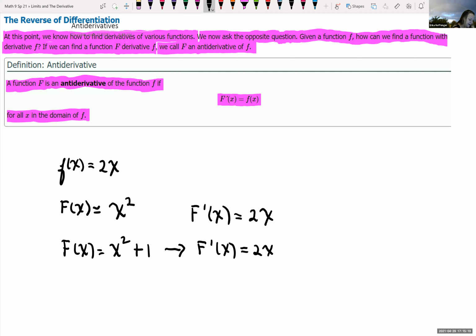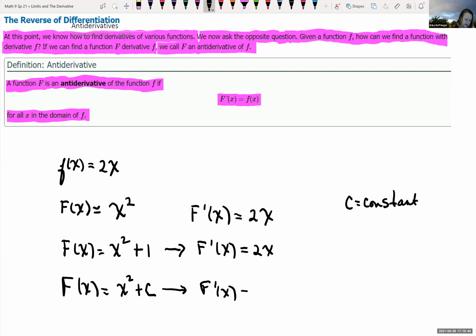Because if I take the derivative of any constant, I get back 0. So this could technically be x squared plus c, where c is a constant. Taking the derivative of this, I get back 2x plus 0.